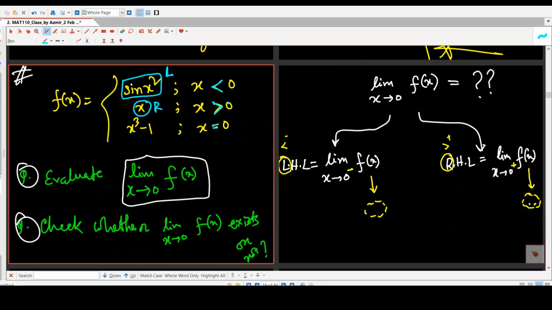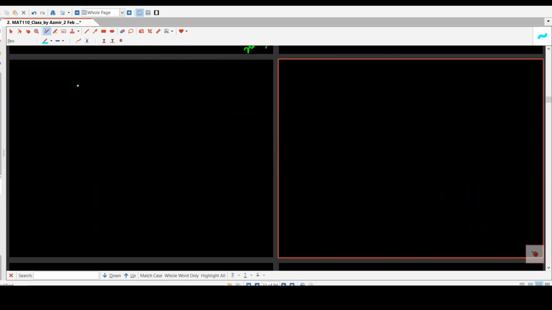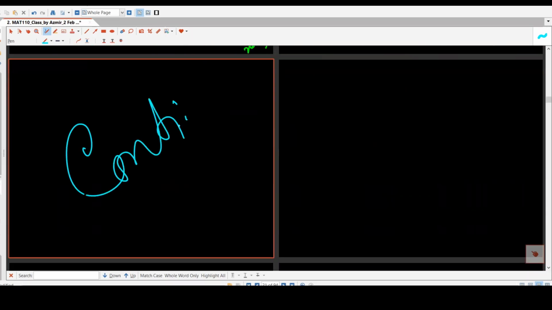Since x equals 0 is given, the last one is the equal part, coming from the equal function. Although this equal part is not applying here, we need to understand this concept too when we move to the concept of continuity.